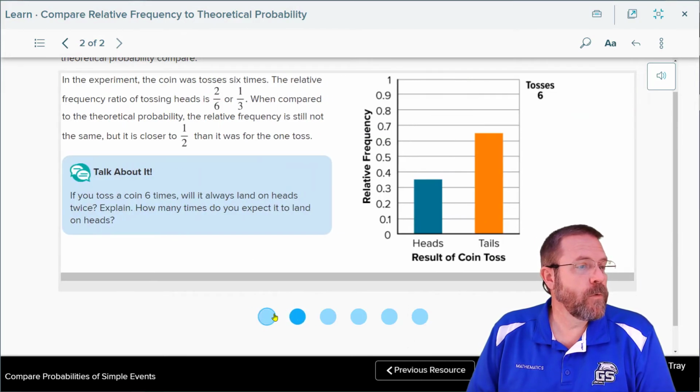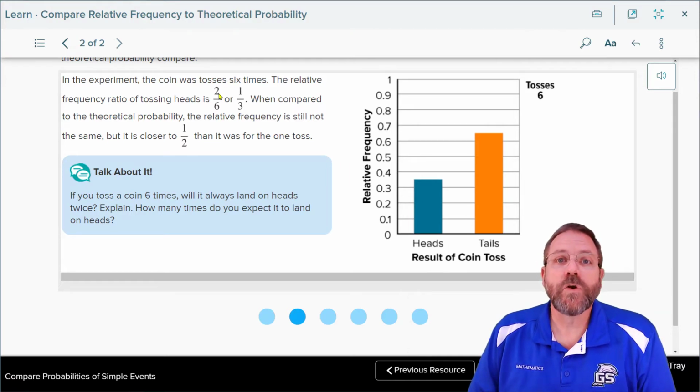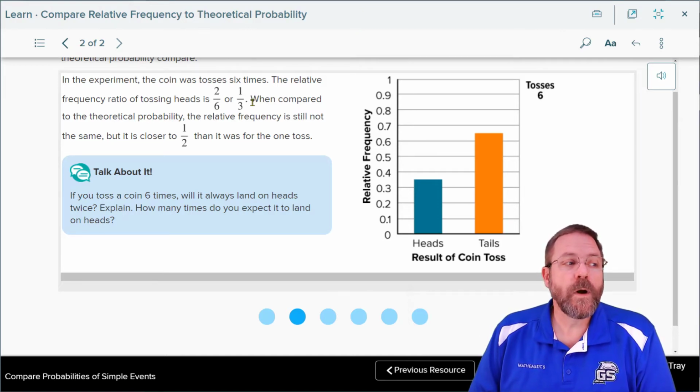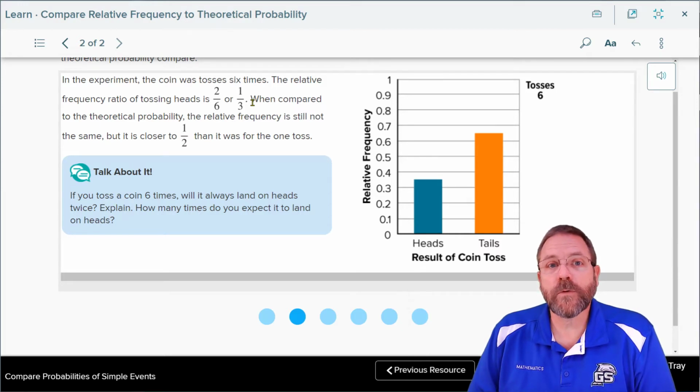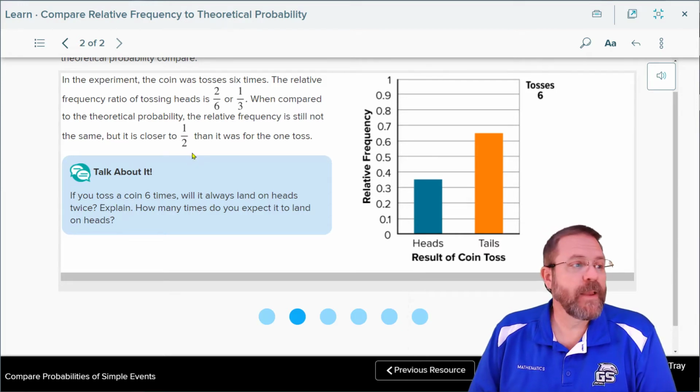When we flip that coin again, now you can see that they've tossed it a total of 6 times, and out of the 6 times, 2 of the 6 times it landed on heads. That gave you 2 out of 6, which simplifies to a 1 out of 3 relative frequency, which is not the same as the theoretical probability of 1 out of 2. Keep it going here.